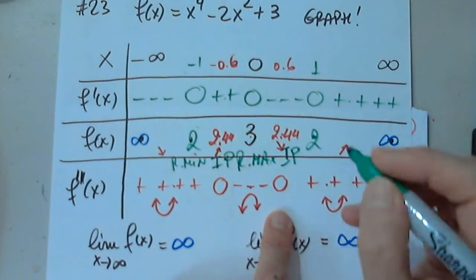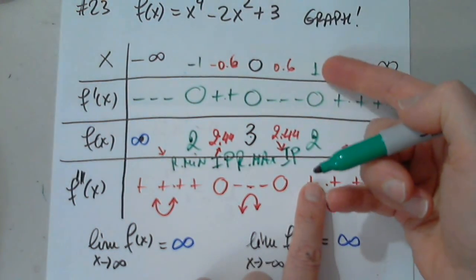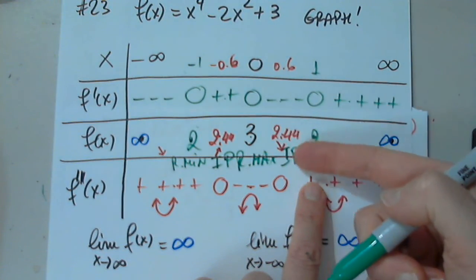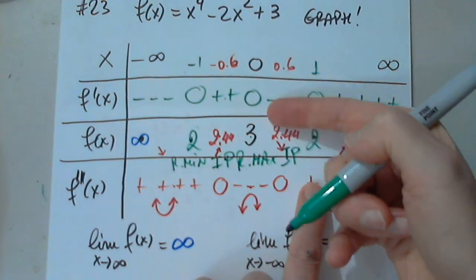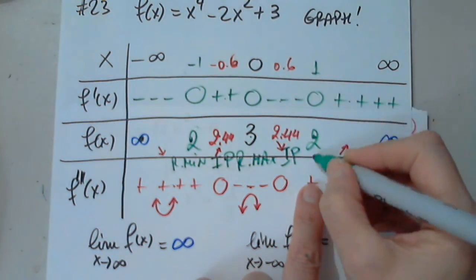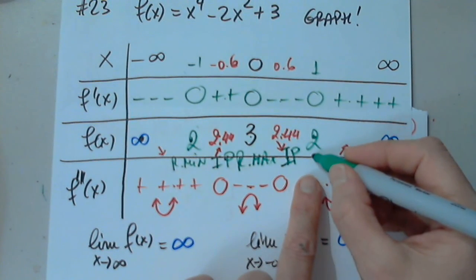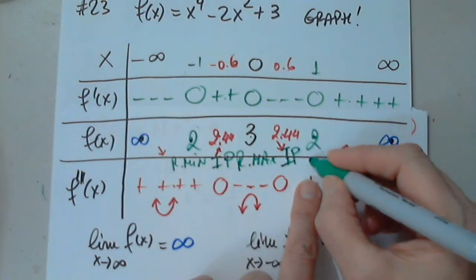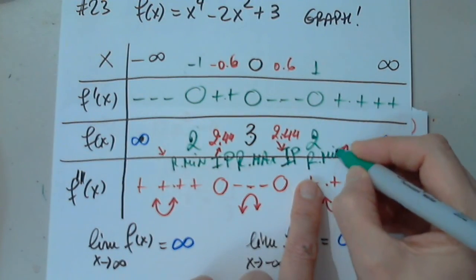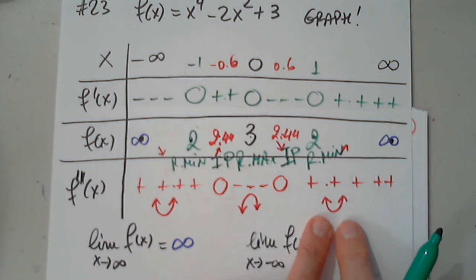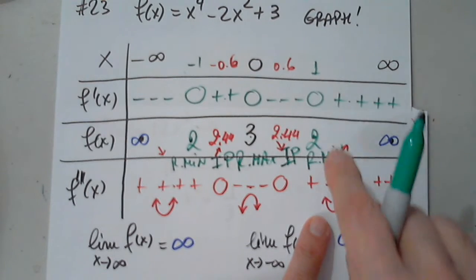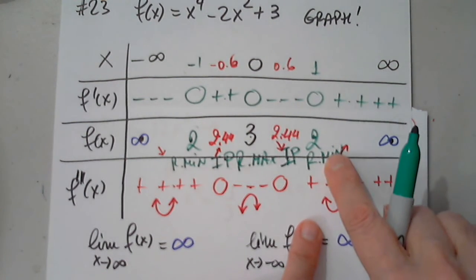Yes, inflection point. Finally, what type of point is 1, 2? Relative min. Indeed. And it makes sense. There is a critical number, and the function looks like this. It has to be a relative min.